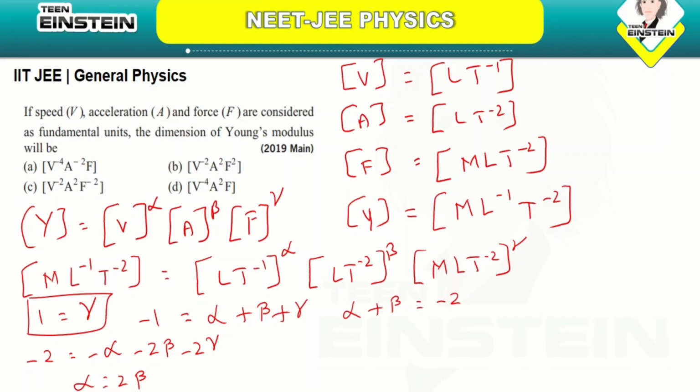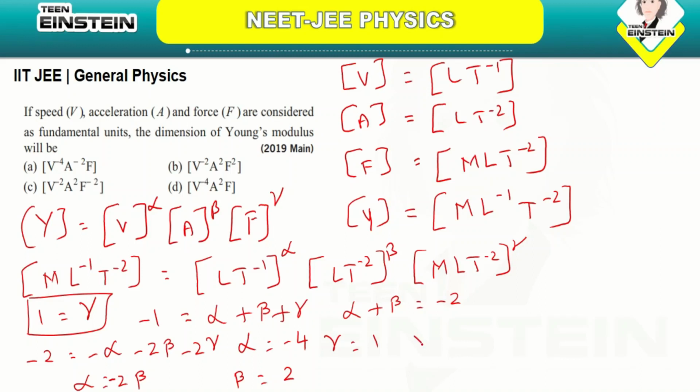Minus 2 and minus 2 will get cancelled with each other, and alpha will be equivalent to 2 beta. So when you solve this, you will be getting alpha is equal to minus 4, and beta is equal to 2, and sorry, alpha is minus 4, not plus 4, and beta is equal to 2 and gamma is equal to 1. Okay, so you have to substitute the values over here.